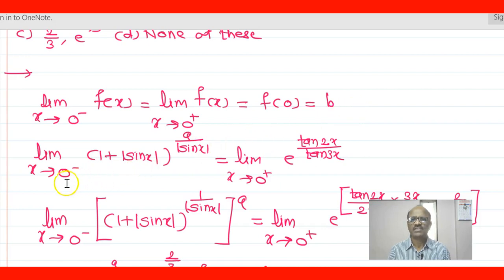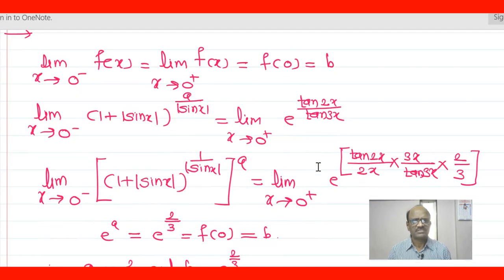Now we will find the left limit, that is the limit x tends to 0, (1 plus mod of sin x) raised to a upon mod of sin x, which is equal to, again, limit x tends to 0, e raised to tan of 2x upon tan of 3x. Now this is very simple: when x tends to 0, (1 plus x) raised to 1 upon x, the value of this limit is e.